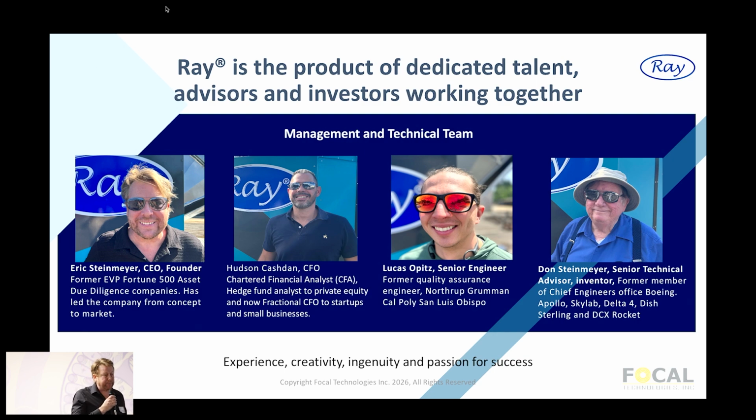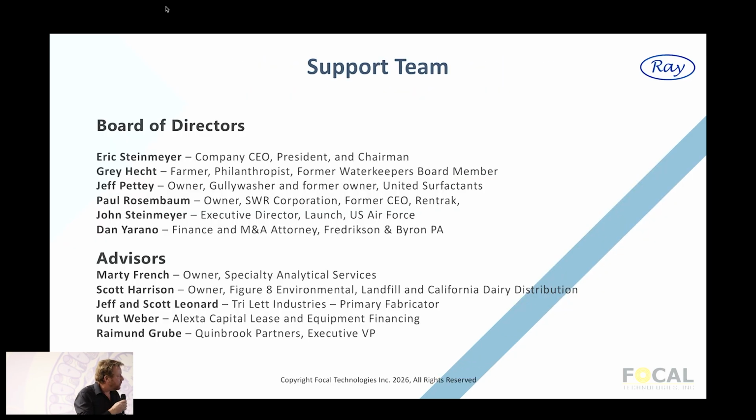Real quick, we run very lean. We're kind of a bootstrap startup. I obviously am the CEO. We've got a contract CFO, a seasoned senior engineer that has been through 2 iterations of the equipment. And my dad is the inventor of the technology. He was a former chief engineer with McDonnell Douglas and Boeing that developed large parabolic solar systems and a whole bunch of rocket stuff.